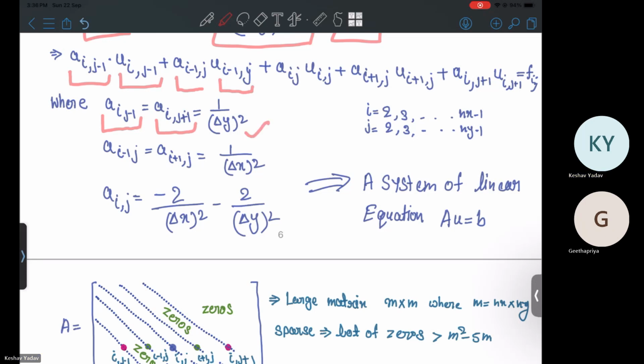Similarly, this can also be written, and a i j will be equal to minus 2 divided by delta x square minus 2 upon delta y square.